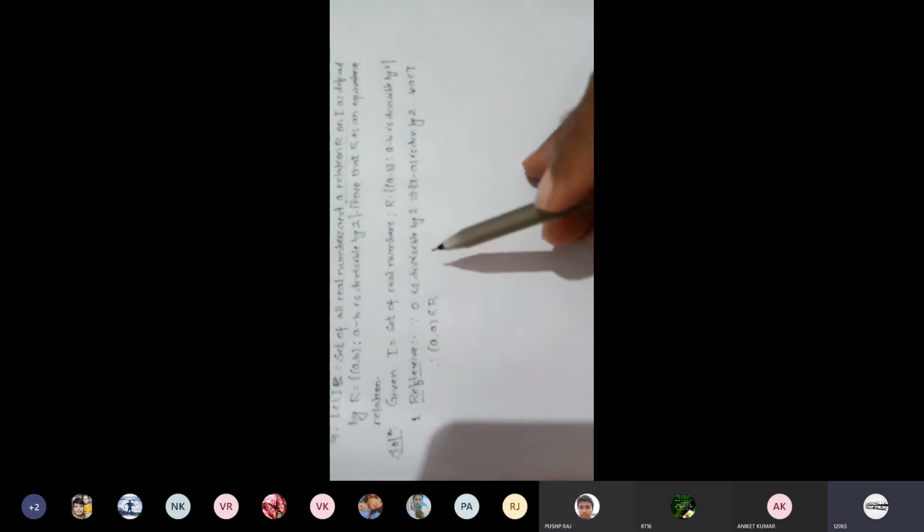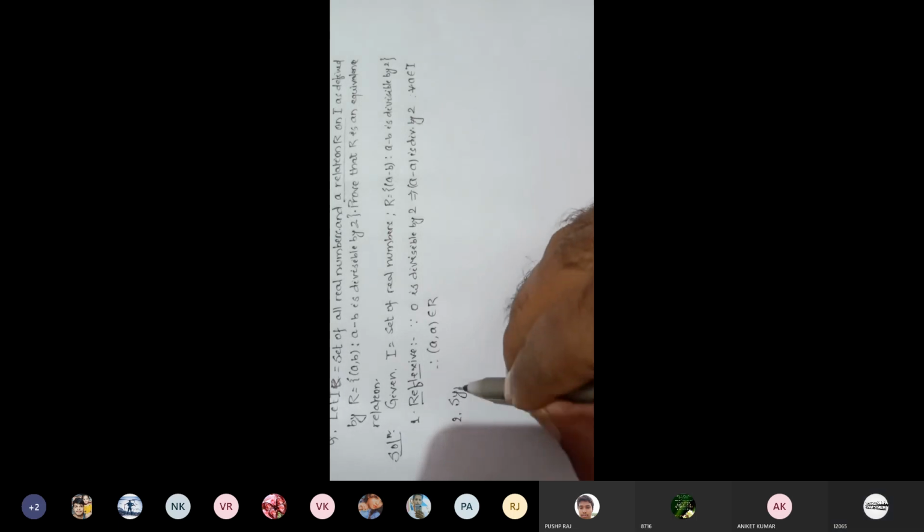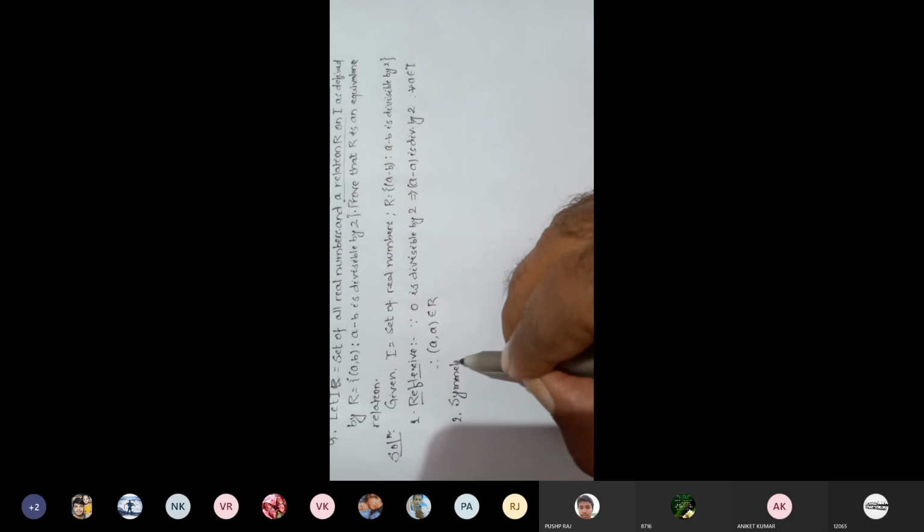Now see the second point. What was the second point? Symmetry. What is the condition for symmetry?